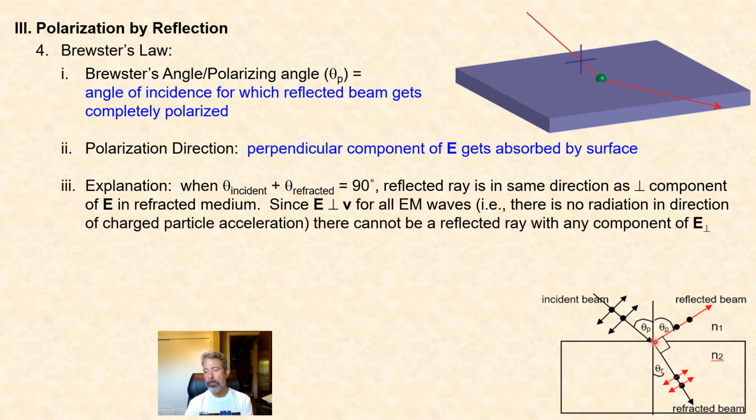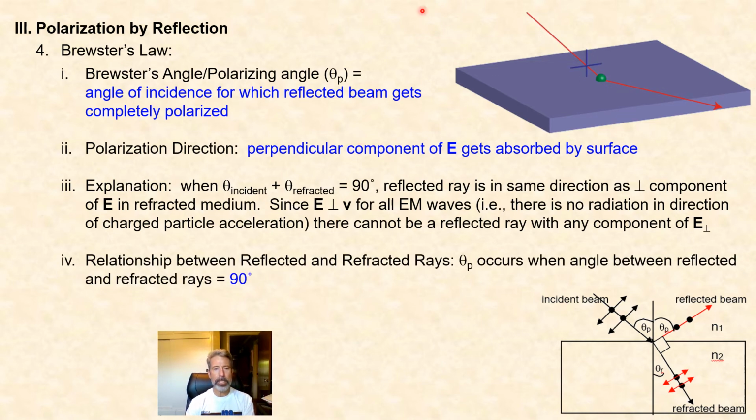There can be no component of that electric field in the direction of propagation. So this perpendicular component cannot exist in the reflected beam, since it would be exactly in the direction of propagation. The only possibility is the parallel component, which can exist because it is perpendicular to the direction of propagation, in line with what we know about electromagnetic waves.